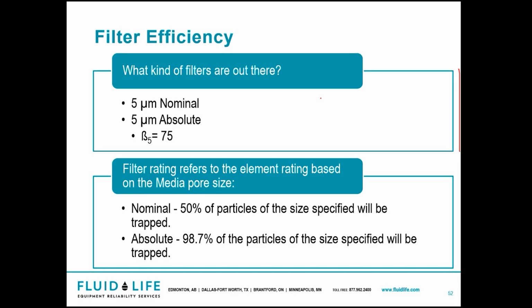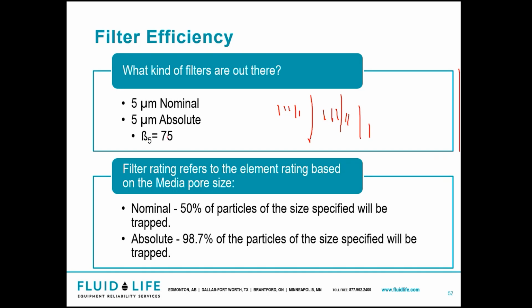If I draw this and I've got 1, 2, 3, 4, 5 particles, they're going to hit that filter. So let's say 3 get through. The next time it hits the filter, and we're assuming nothing new is generated, 2 get through, and then 1. So that's basically how that works.